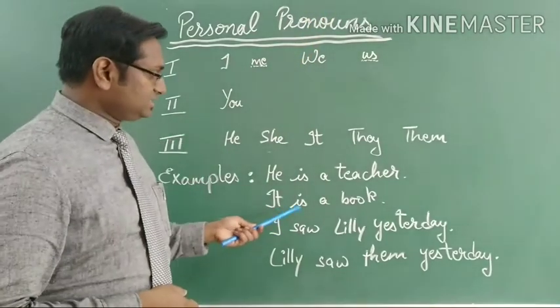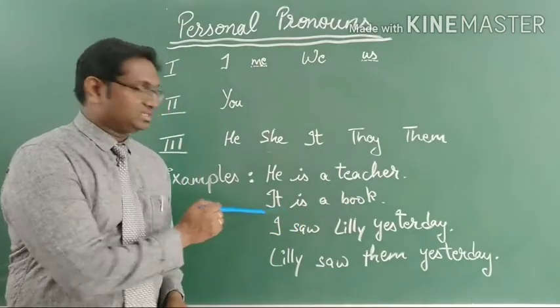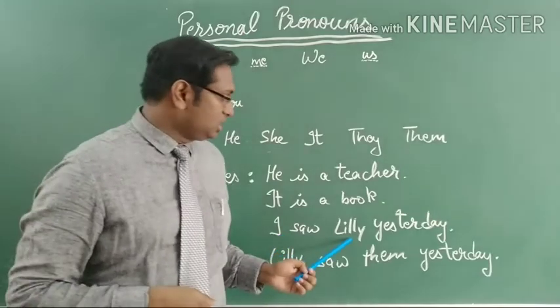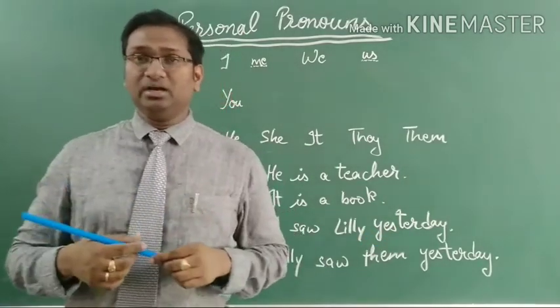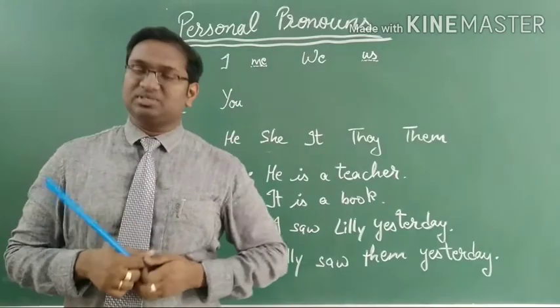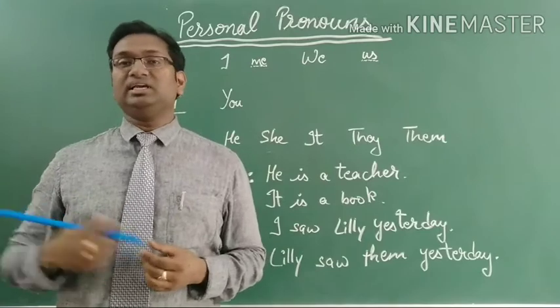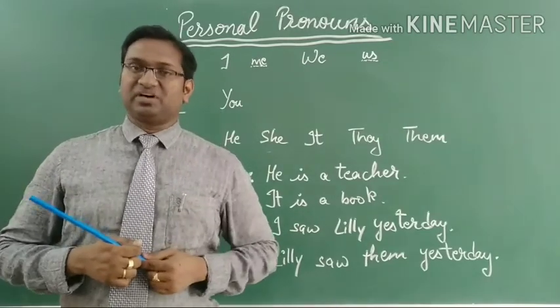Next, it is a book. Again, we have used it. Now, third is I saw Lily yesterday. Over here, as a first person, I am saying this sentence that I saw Lily yesterday. So over here, I is first person.